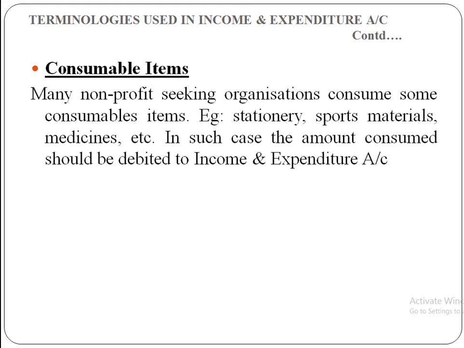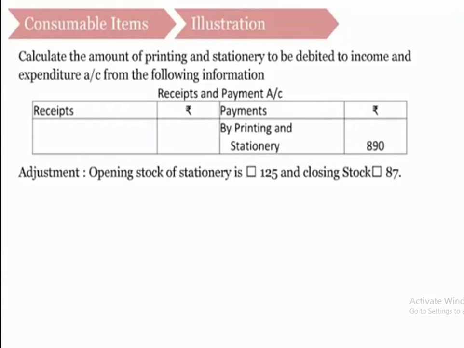Let's take a practical illustration and look at how we calculate. Calculate the amount of printing and stationery to be debited to income and expenditure account from the following information.